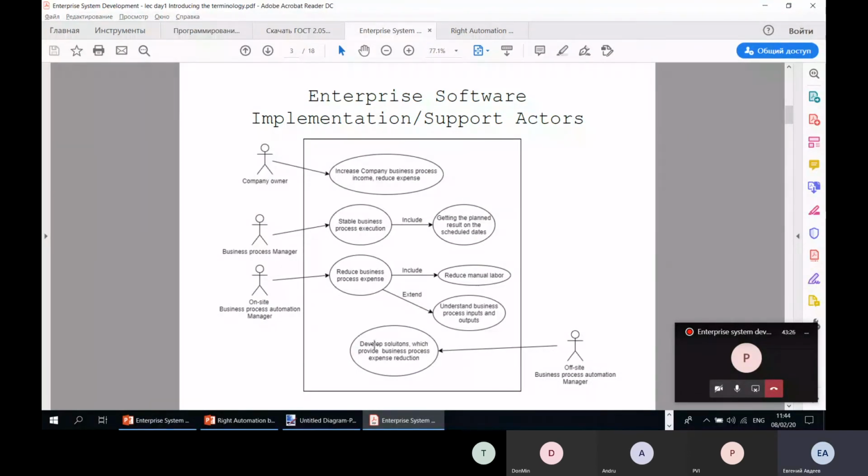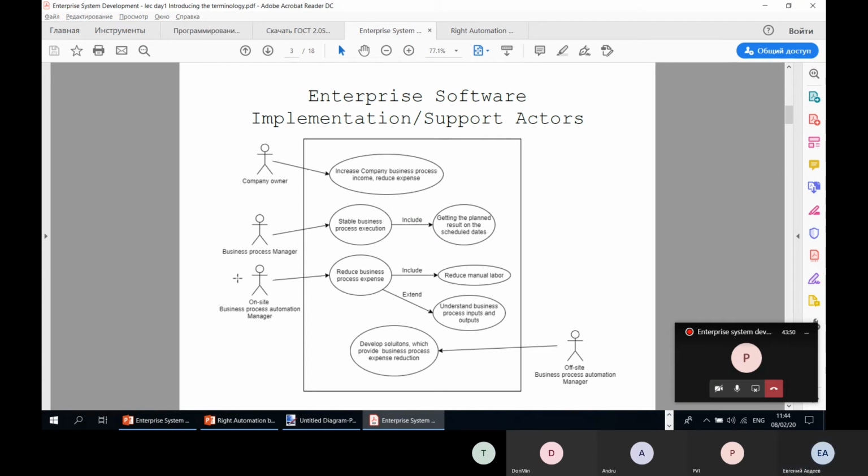Of course, they develop solutions, they understand some general parts of business processes, and they think about expenses reduction, but the main goal of these people is to sell as much as possible of their software.